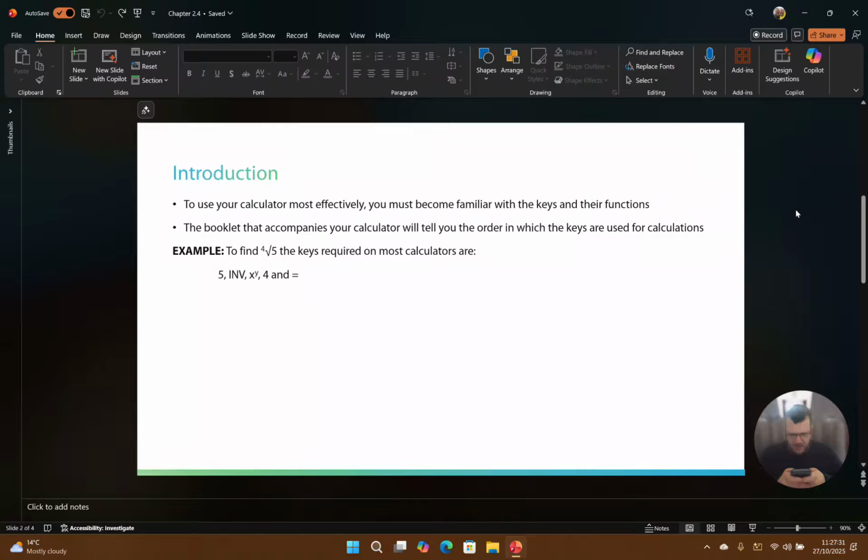Yeah, that's not what I'm after. I do want to be able to invert stuff on here.